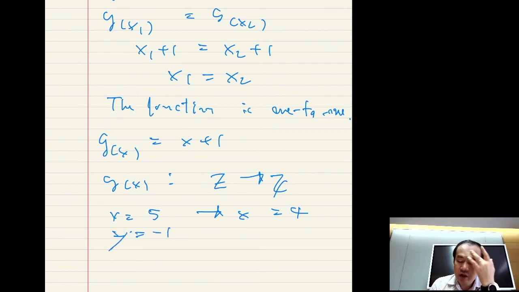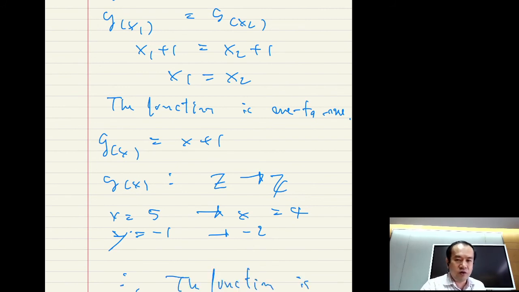I'm just trying to substitute the value of y and find the value of x corresponding to it. You will notice that every single y that you put in, you can always find the value of x. So the function is onto. So we have both onto and one-to-one.